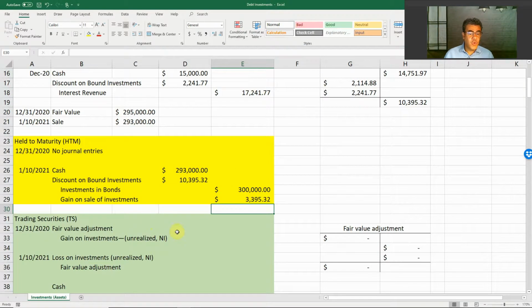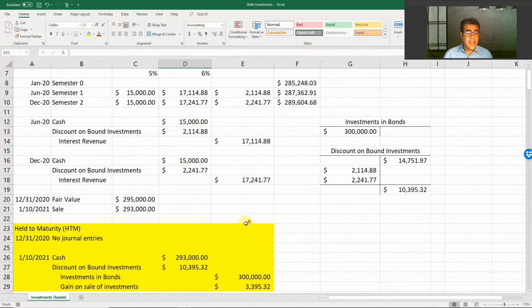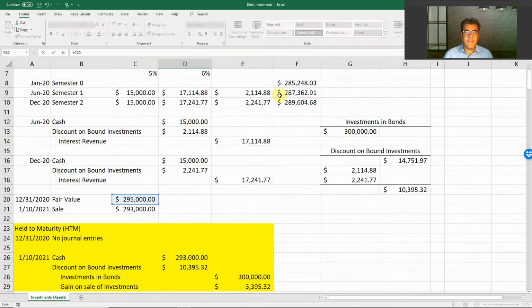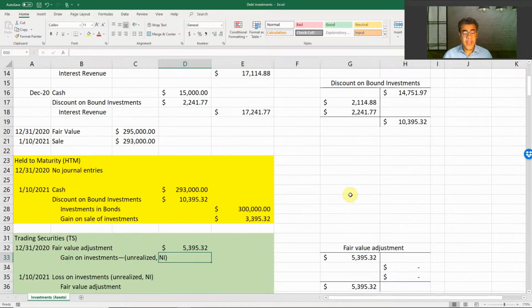So how do we do that? Fair value adjustment. How do we find it? It is the difference between fair value and the carrying value. Fair value less the carrying value. So 5,000.